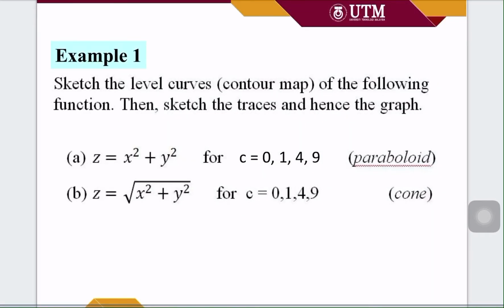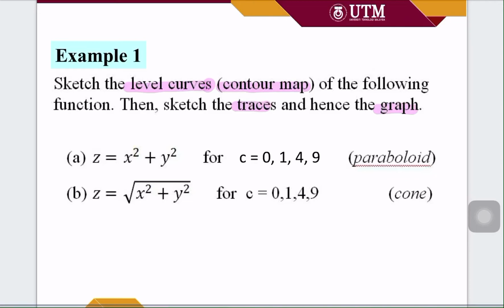Now let's look at the first example. Sketch the level curves, or we call it a contour map, of the following function. Then sketch the traces and hence the graph.